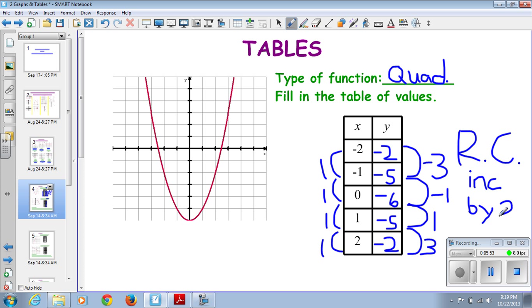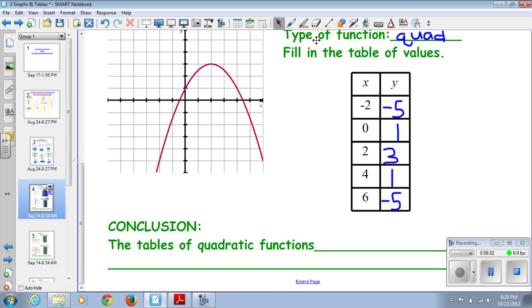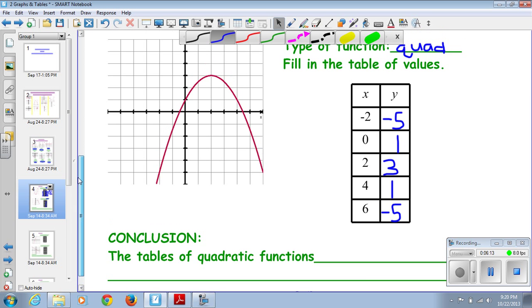So if you haven't already, go ahead and figure out the rate of change for the table at the bottom. We have the same thing happening here, except now the rate of change is increasing by 2.